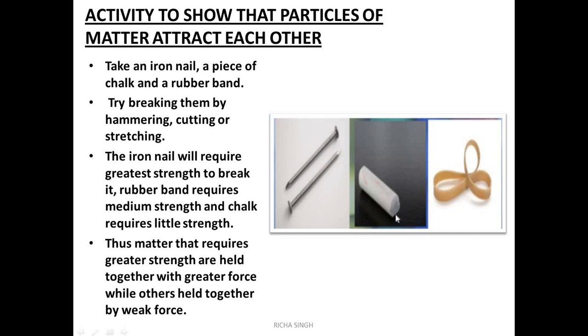Why? Because the force of attraction between the particles of chalk is minimum, intermediate in rubber band and maximum in iron nail. So matter that requires greater strength to break is held together with great force, while others are held together by weak force.